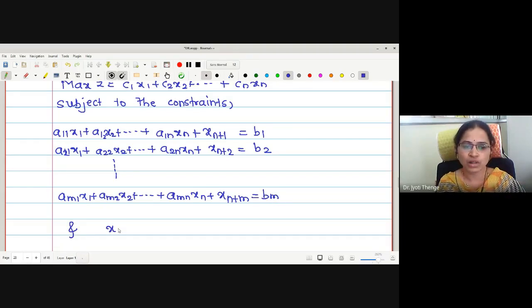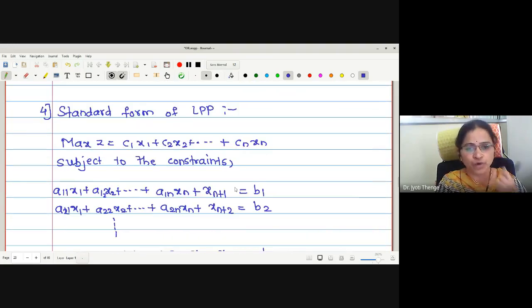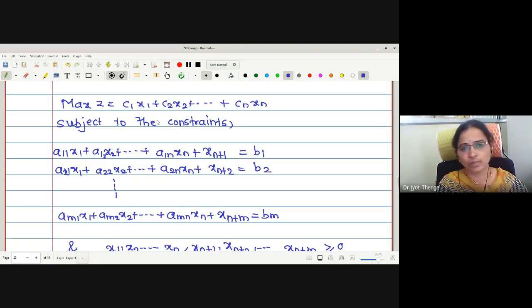All the variables x1, x2 up to xn are the original variables, and the added variables are xn plus 1, xn plus 2, so on up to xn plus m. All are non-negative. While defining the slack and surplus variable, in the definition itself we have taken the added or subtracted variable must be a non-negative variable. Is it okay? This is the standard form of linear programming problem.